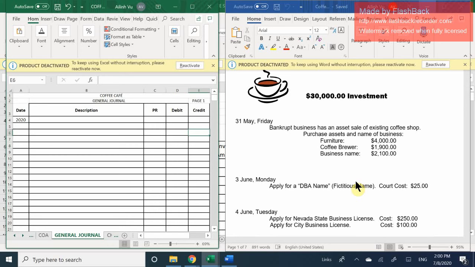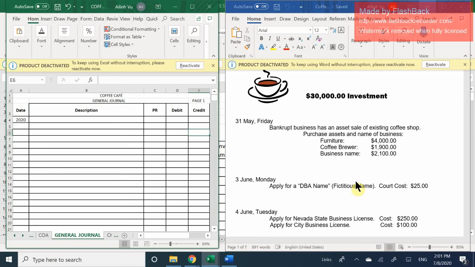You could go to the bank for that. And we found out there was one business that went bankrupt, and it used to be a coffee shop. They had already preset materials there, and Bob decided he wants to buy this business and the name of the business so he can change it.